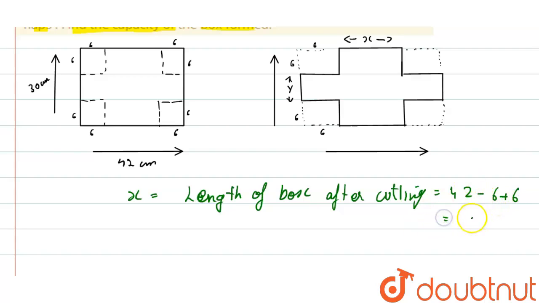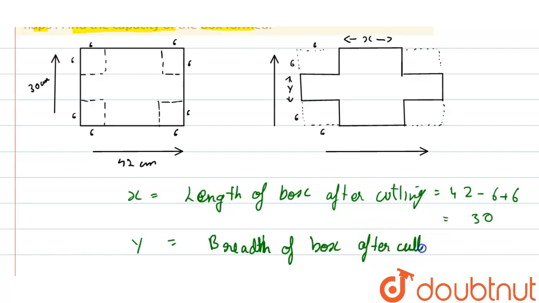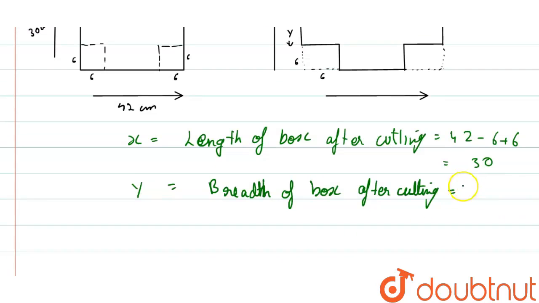That is equals to 30, and y as breadth of box after cutting, so it will be equal to 30 minus 6 plus 6, because these are the cuttings of the corners, so this will be reduced from breadth and length both.